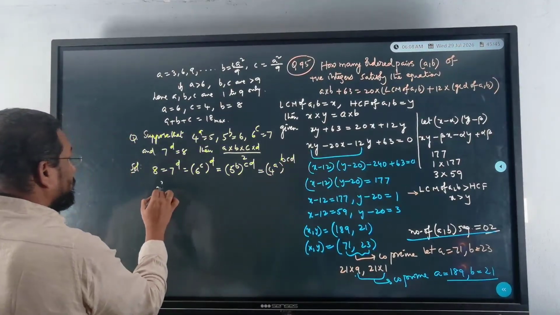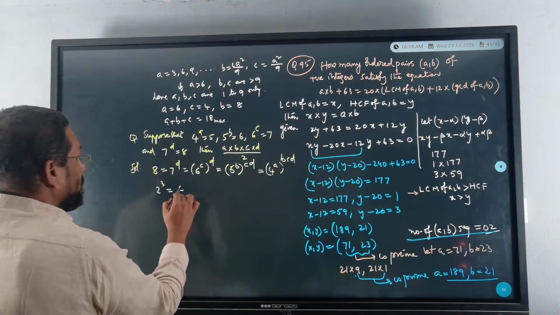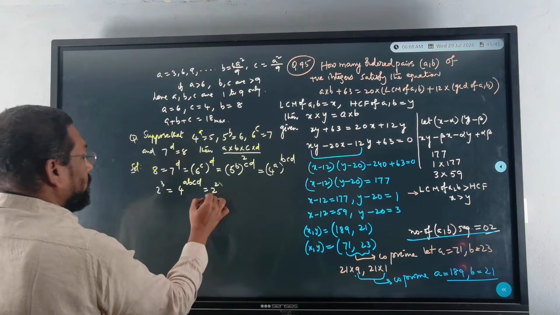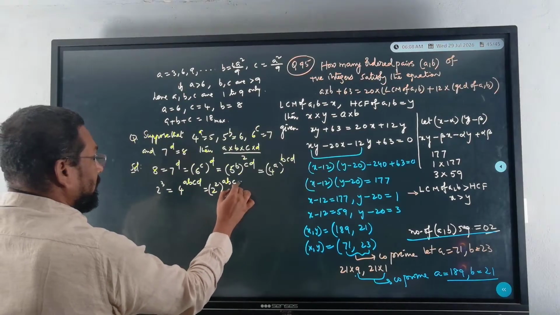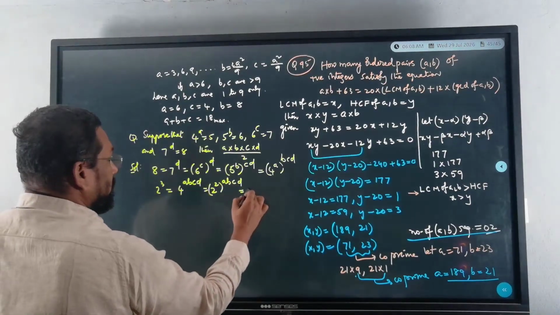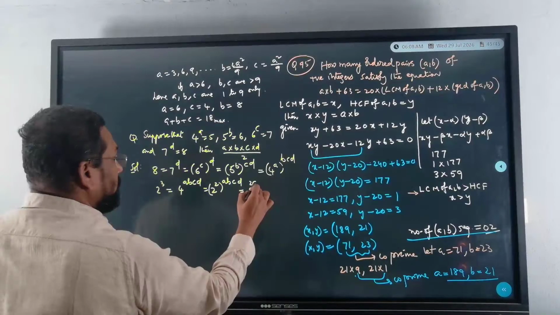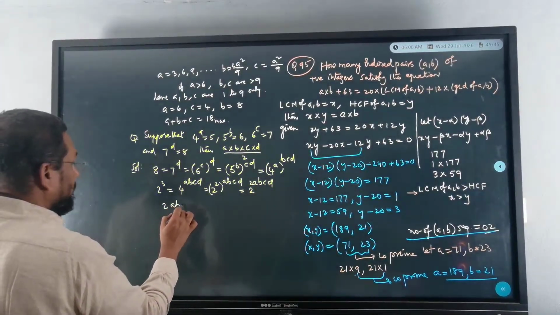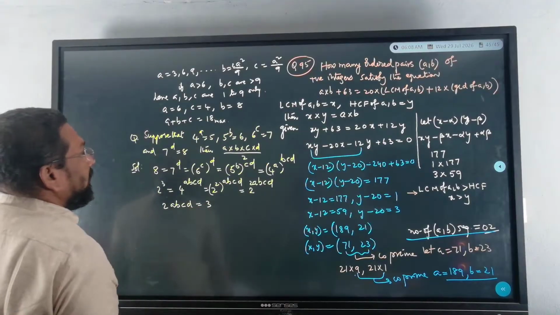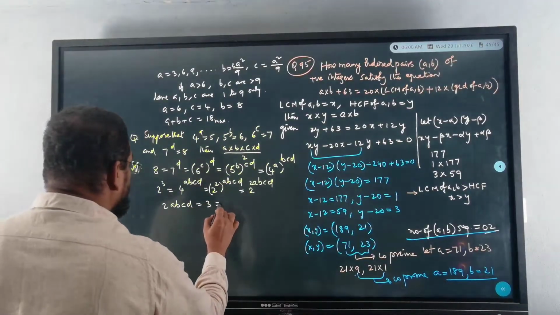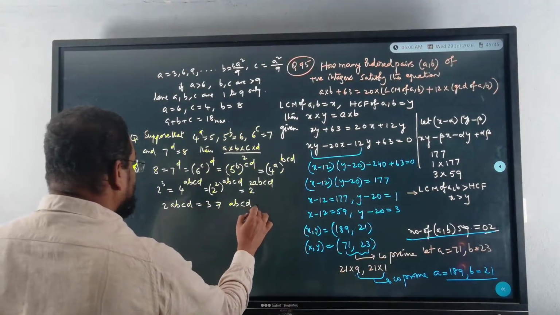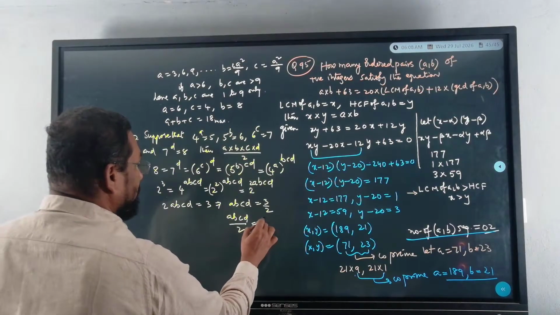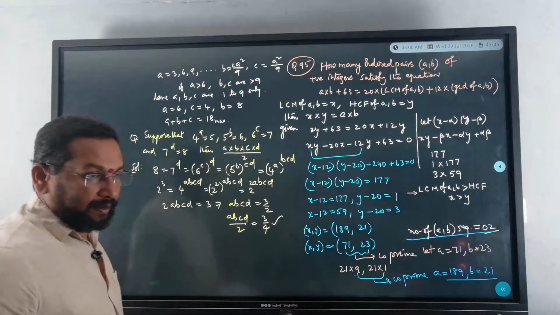So it is 2 power 3 is equal to 4 power ABCD, that is 2 power 2 whole power ABCD, that is 2 power 2ABCD. It is 2 power 3. So 2ABCD is equal to 3, so ABCD is equal to 3 by 2. ABCD by 2 is equal to 3 by 4, which is required.